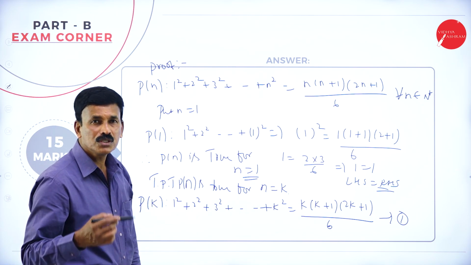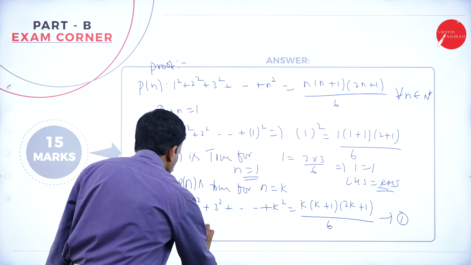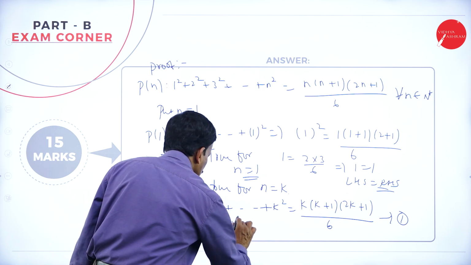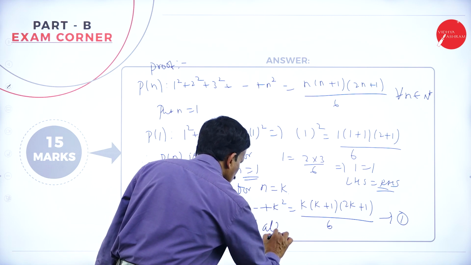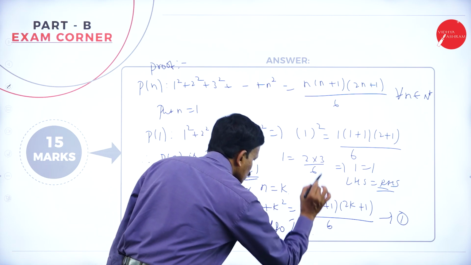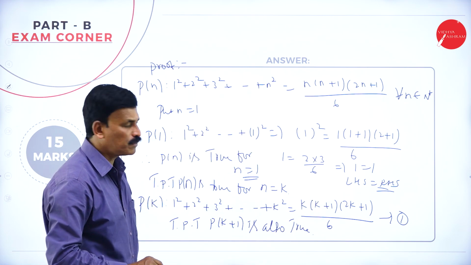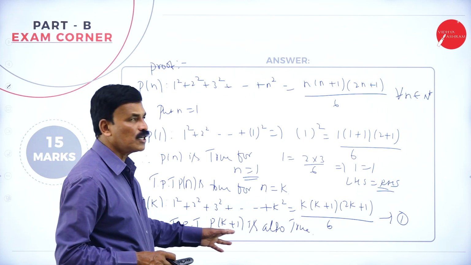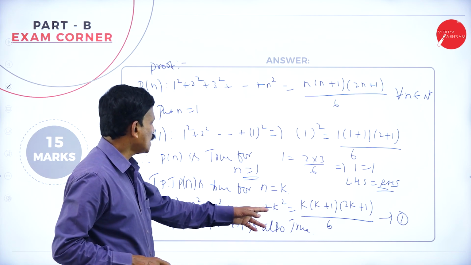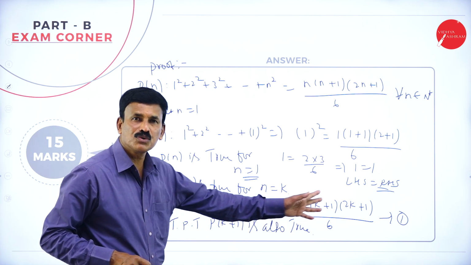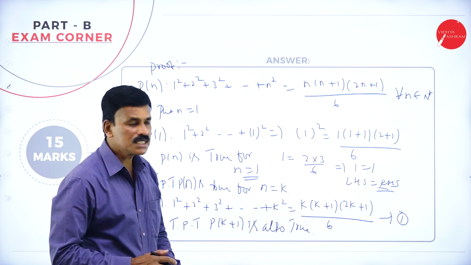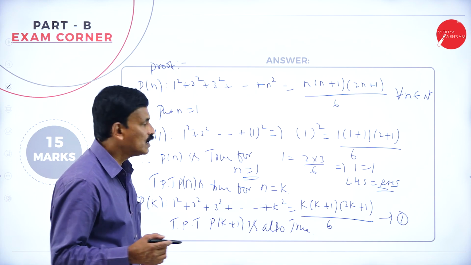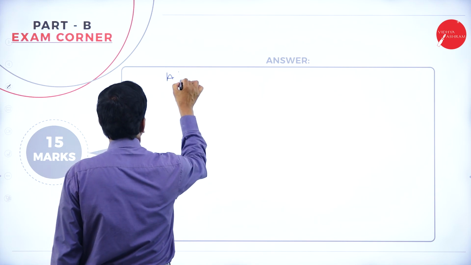Now, what is to prove? To prove that P of k plus 1 is also true. Just very simple. To prove P of k plus 1 is also true, just add (k plus 1) whole square on both sides of equation number 1.